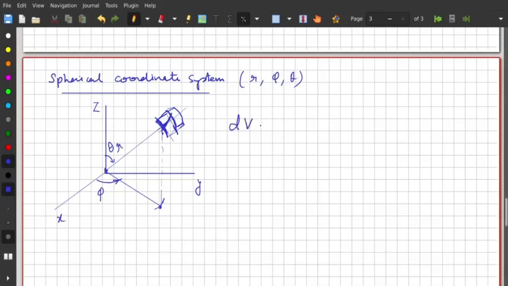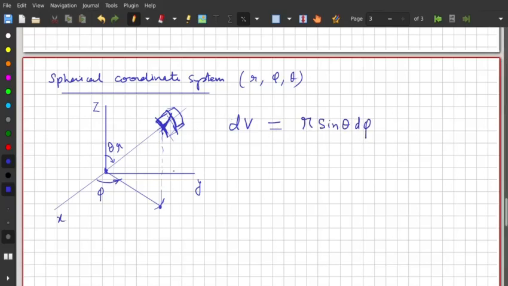So let's write dV, this is the volume element, and if you see the three dimensions of the cube, it will be r sine theta d phi.